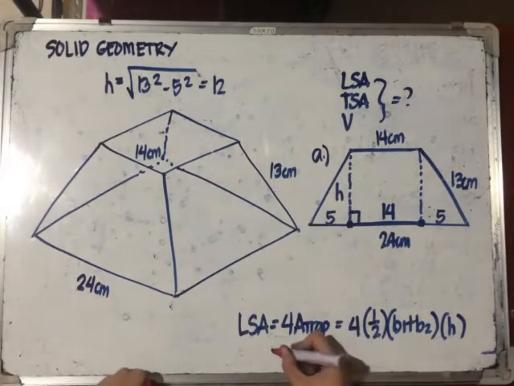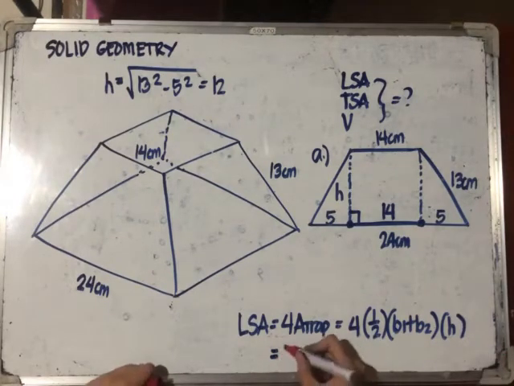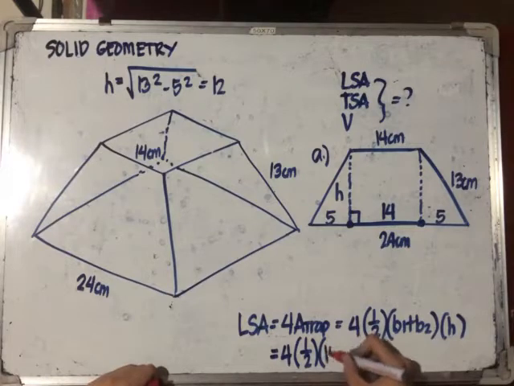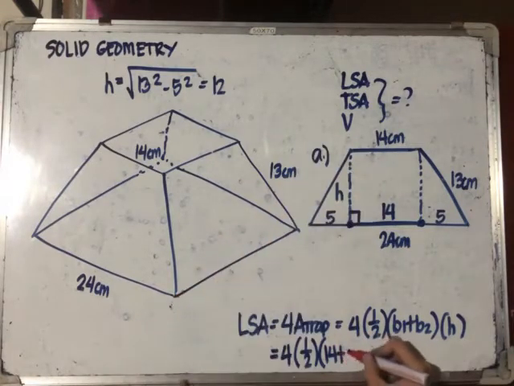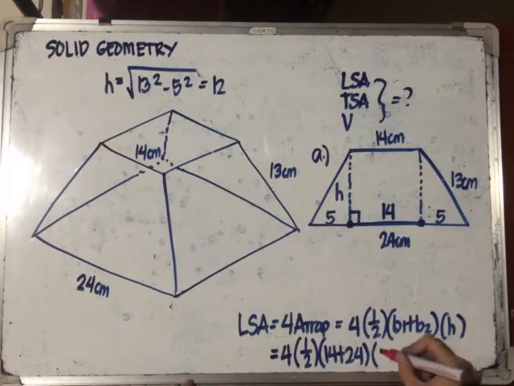So, we can compute now our lateral surface area. That would be 4 times 1/2 times, B1 is 14 on this side plus 24 on the downside here, and H natin, na-compute natin as 12.